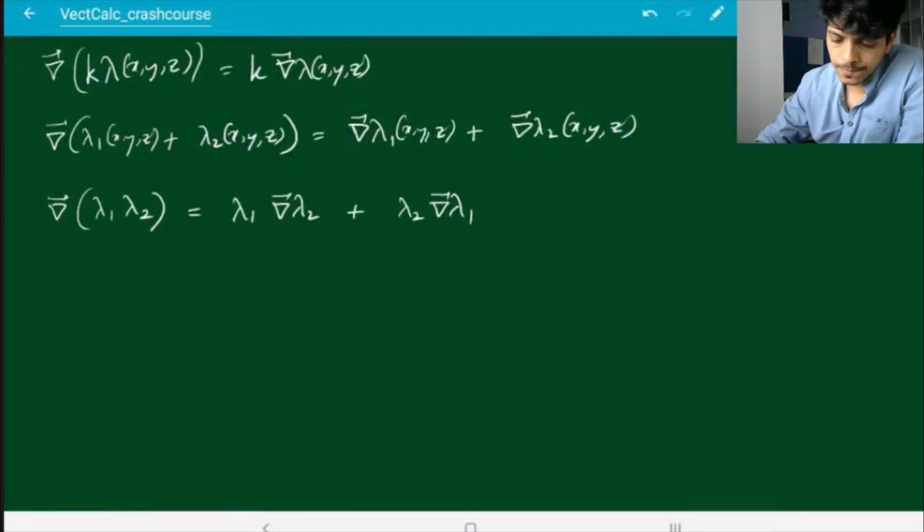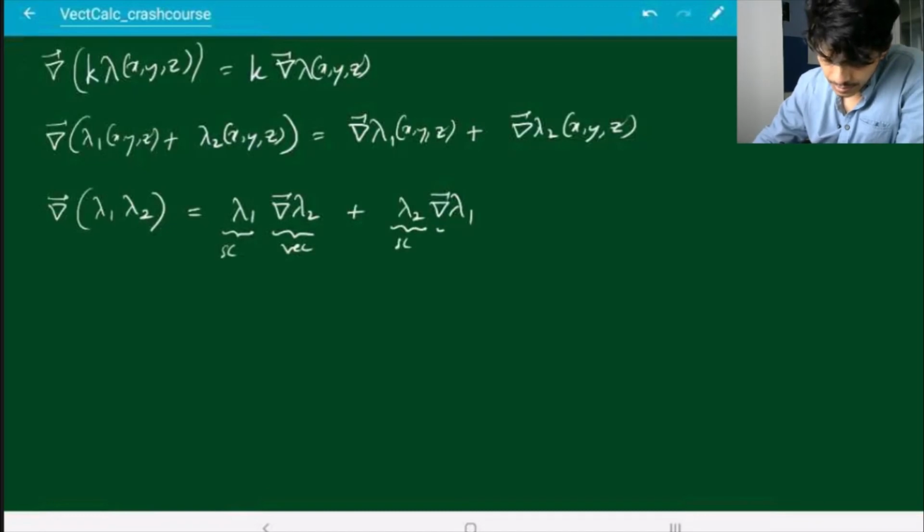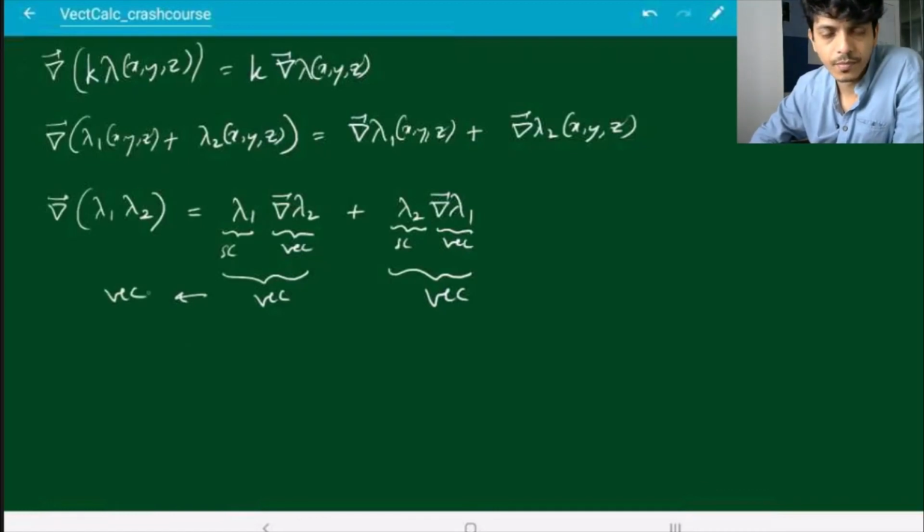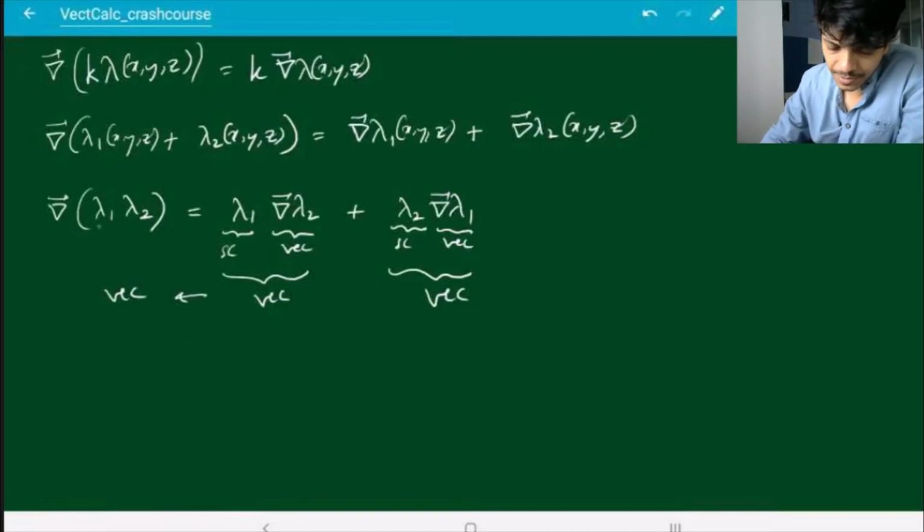So notice that this is a scalar, this is a vector. When you multiply a scalar with a vector, you will get a vector. So in the end, what you're getting is a vector. As you expect, gradient of anything, because lambda 1, lambda 2 combined is a scalar. Gradient of a scalar will give you a vector. So it makes sense.